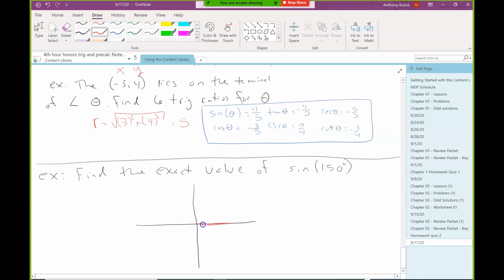So our initial side is over here on the positive x-axis. We go 90 and then the terminal side. So that's 60 degrees, which means that this angle here has to be 30 degrees, right? Is everybody okay there? Everybody's clear as to why those were 60 and 30 degrees respectively?